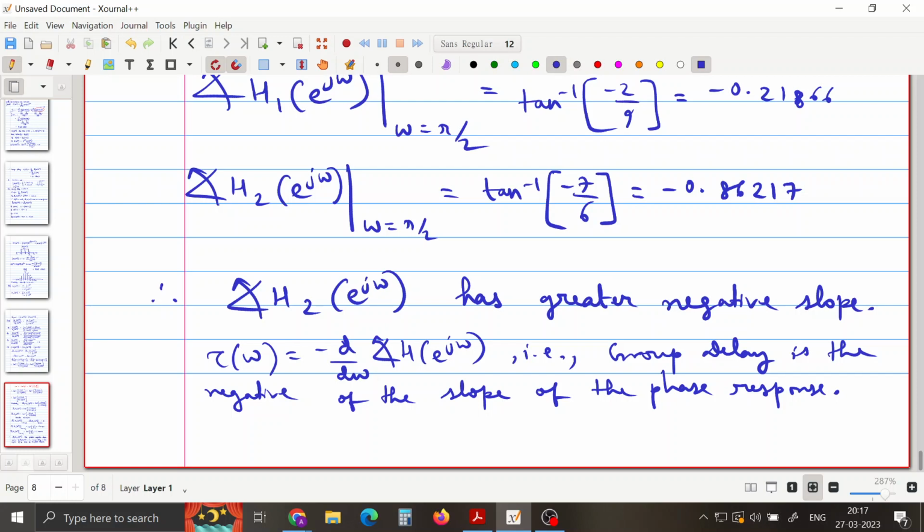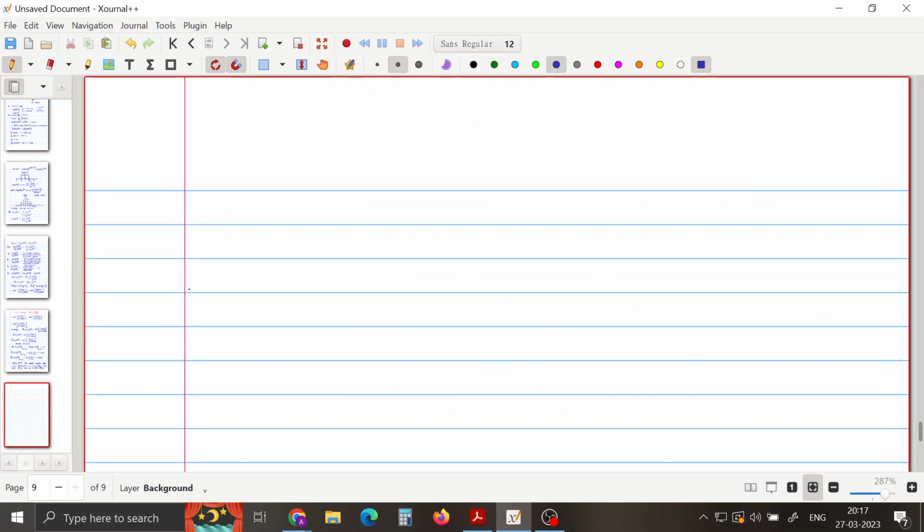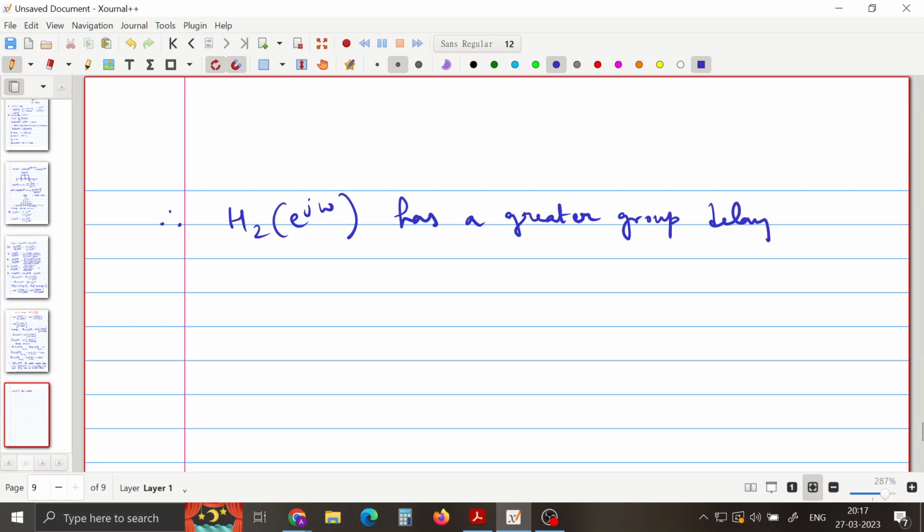So that's the intuition. Therefore H2 of e power j omega, the second system, has a greater group delay than that of H1 of e power j omega.